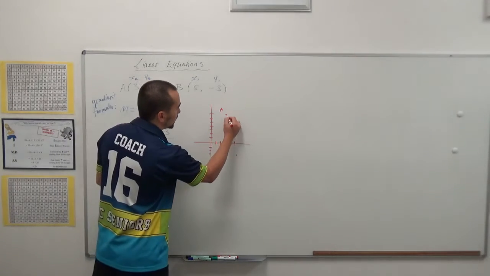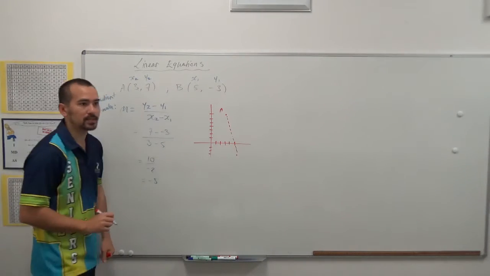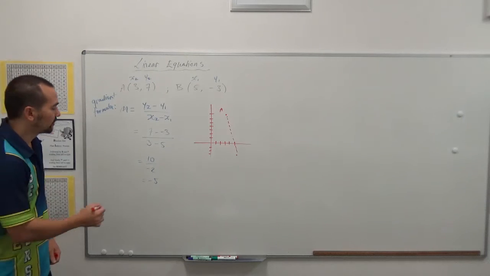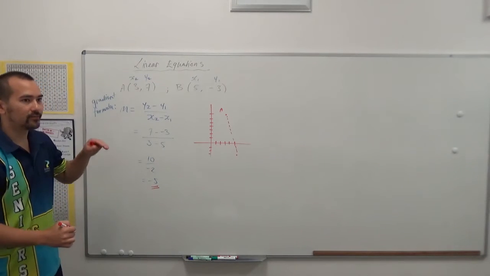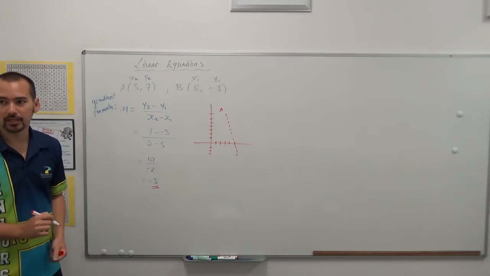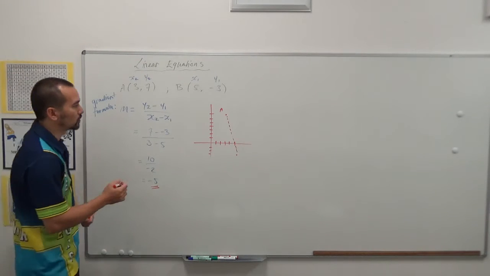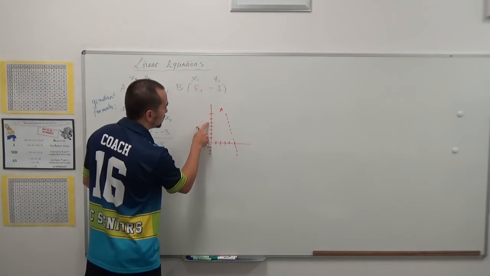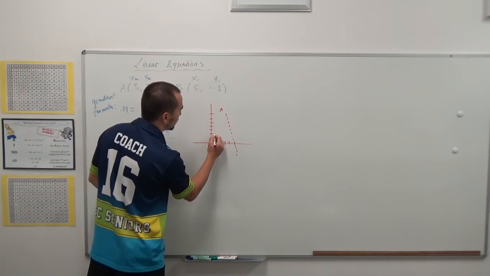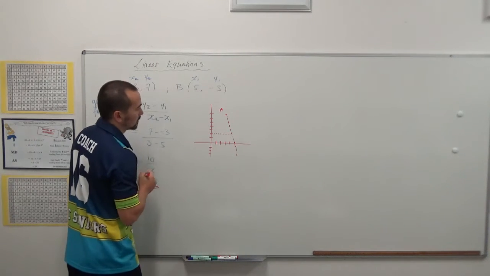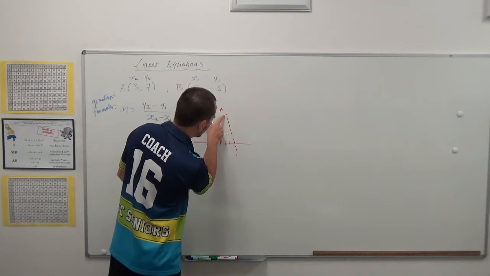And so it's a very steep sort of a slope, isn't it? Okay? In fact, it's negative 5 down for every one across. So let's check that and verify that it's true. 1, 2, 3, 4, 5. Did we go 1 across?